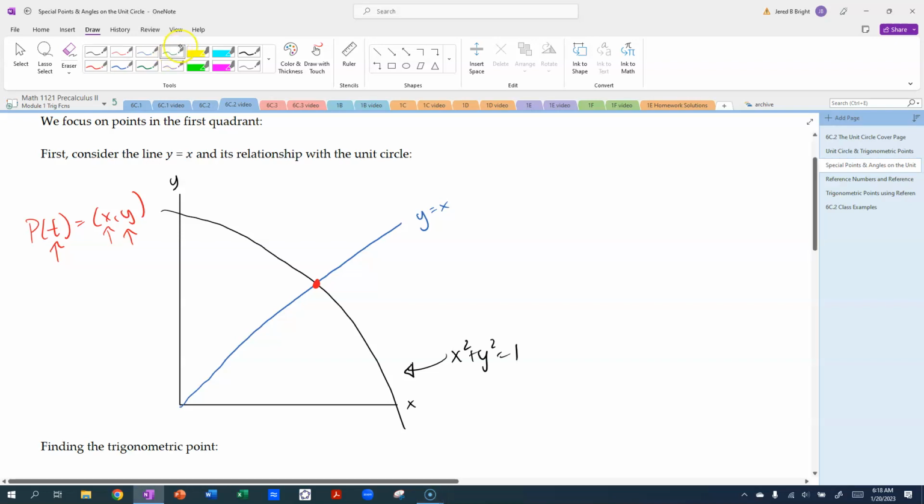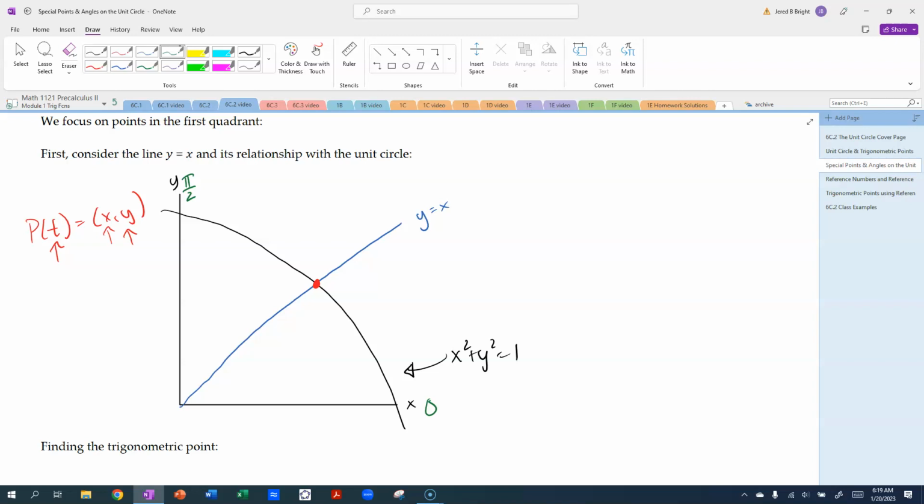To find t, remember that in radians this would be 0 radians. I'm going to omit 2 pi because we haven't gone a full circle. Up at the positive y-axis, this would be pi over 2 radians. So from the x-axis up to the y-axis, positive axes, that's pi over 2.